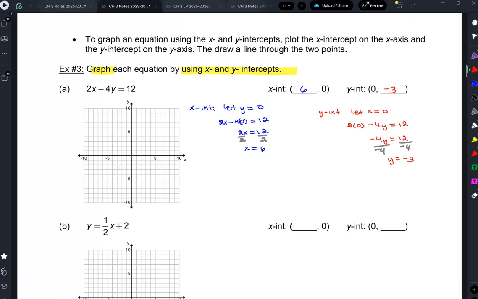So this is 0, negative 3. Okay, so let's go ahead and graph these. The y-intercept is 0, negative 3. The x-intercept is 6, 0. And then you're going to connect these for your graph. And on the homework, you're going to use a ruler in order to make these straight.